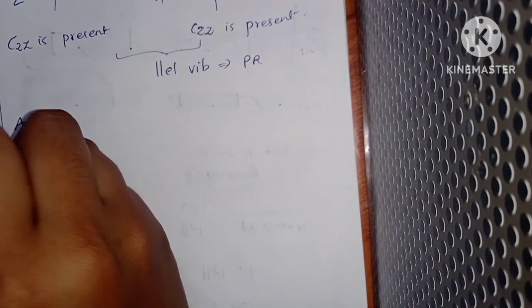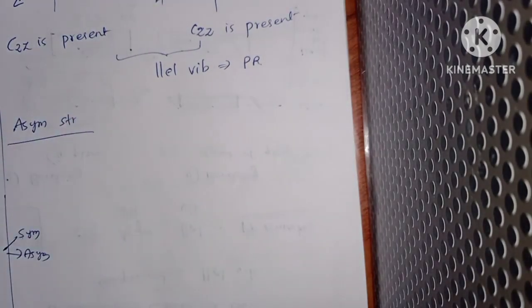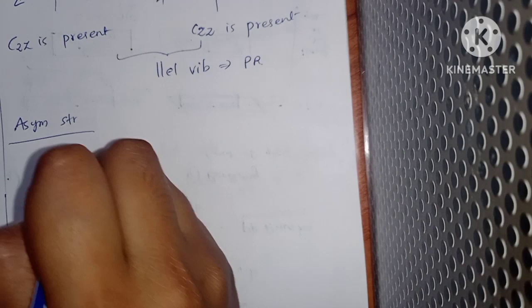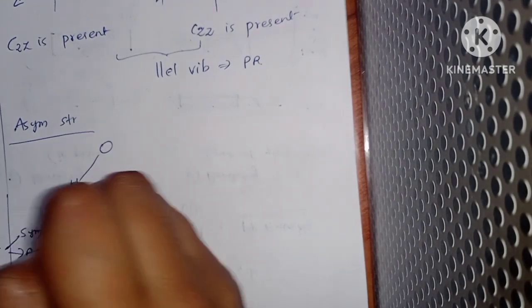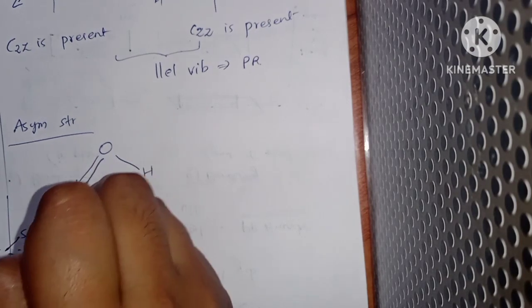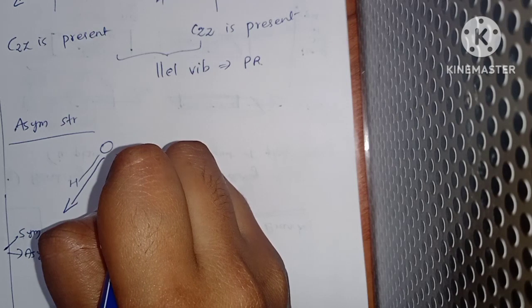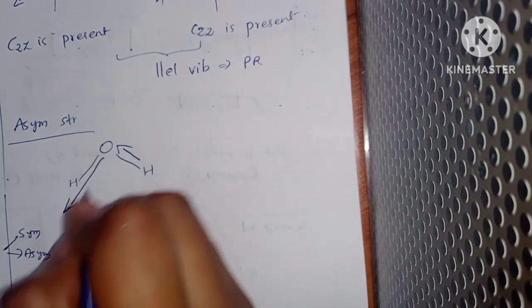Now we consider the second type of vibrational mode, that is asymmetric stretching. This is the case before stretching. Asymmetrically we are stretching. That means if one bond is lengthened away, the other bond length changes towards the central atom.